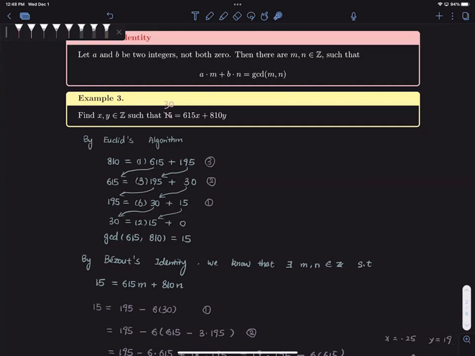Oh, I found one that I can ask you. It's the same thing, just multiply both sides by 2.